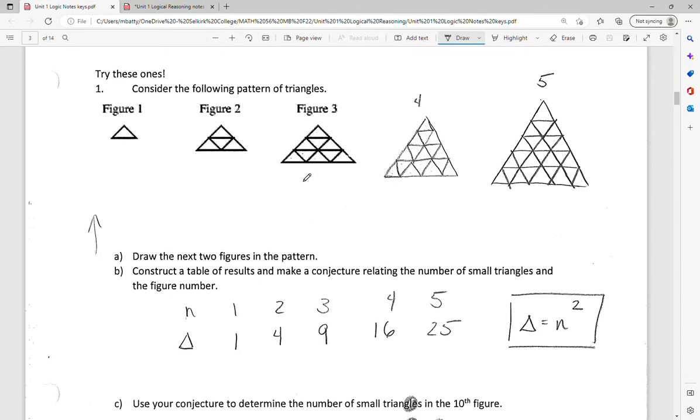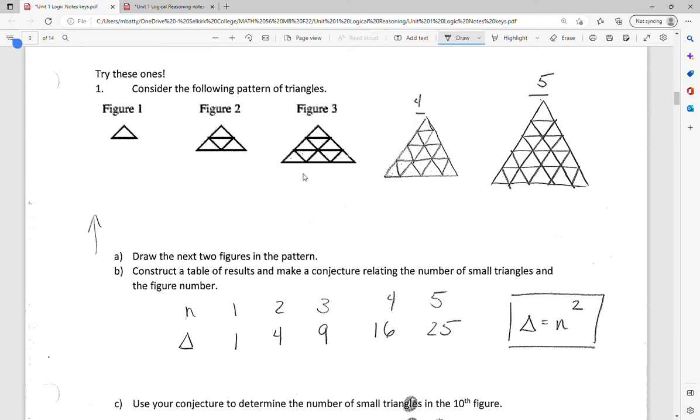At the top of the next page, you can see that I drew out my fourth and fifth item in the series, right? And then I also made a table listing the number of the items, so whatever n is in the series, and then the number of triangles that I counted in there. And so, sparing you my terrible drawings as I make these videos, we can take a look at these ones.